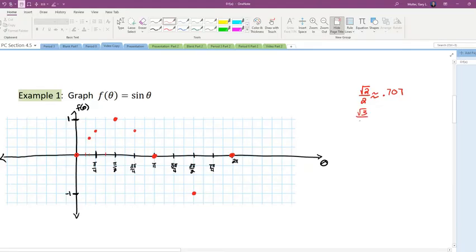Let's find out what the square root of 3 over 2 is. Actually, now I'm worried that that's the 0.707, so let me find my calculator. Excuse the delay, I wasn't prepared for this. The square root of 3 divided by 2 is approximately 0.866. So I would say right about here we're going to be right about there.